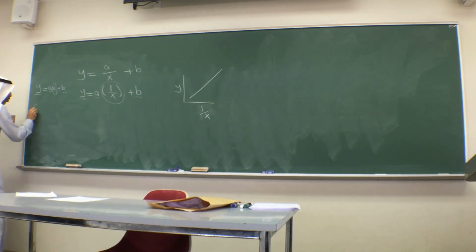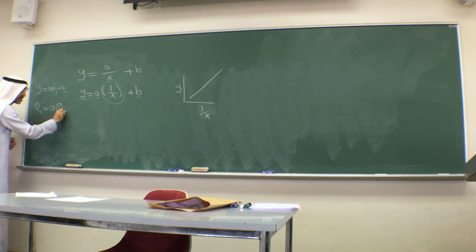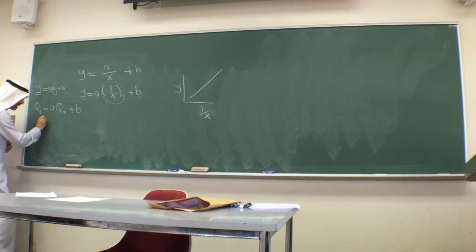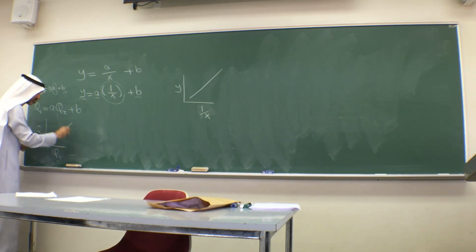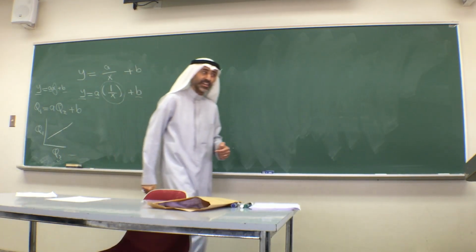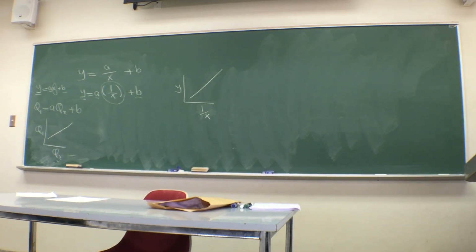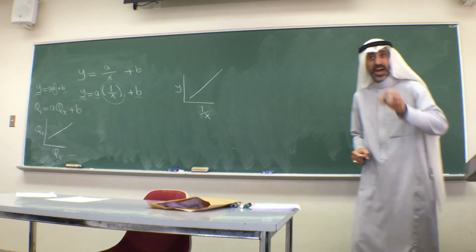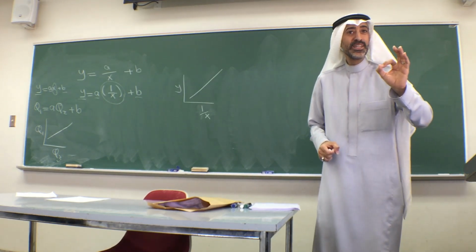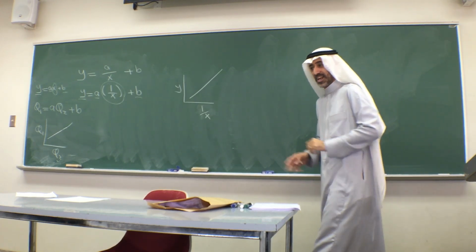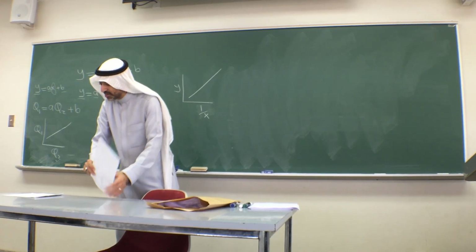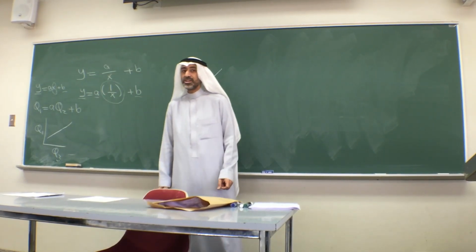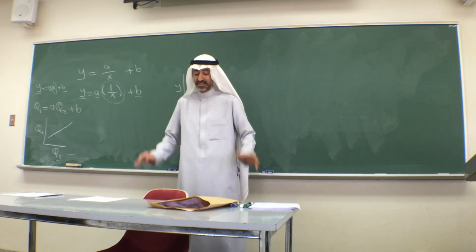Call it quantity 1 equals A quantity 2 plus B. So if you put here quantity 2 and here quantity 1, you will always have a straight line. So what is the art that you should be good at? How to define quantity 1 and quantity 2. Now our whole story is how we define quantity 1 and quantity 2. Clear? Ready? Let's go.